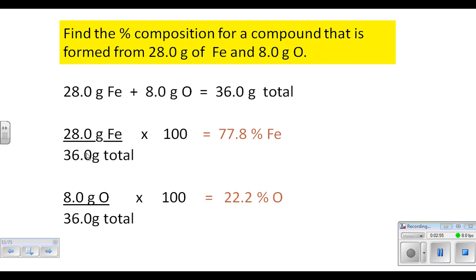So I recommend that you go ahead and do each individual element's total divided by the total compound, then multiply by 100. And if you do it that way for each one of them, then by the end, you should be able to double check this by actually just adding them together and seeing if they add up to 100.